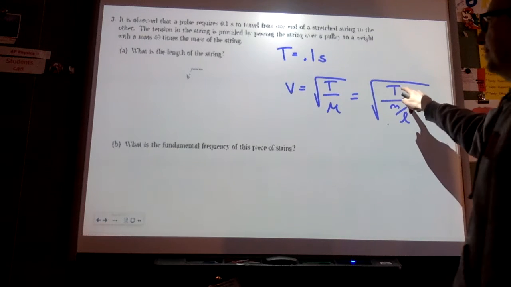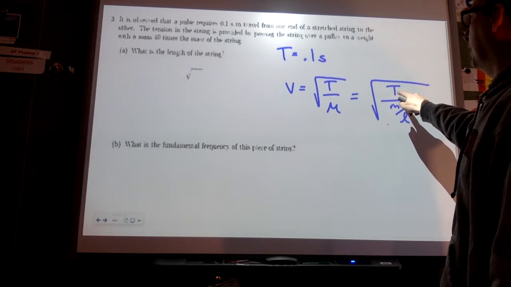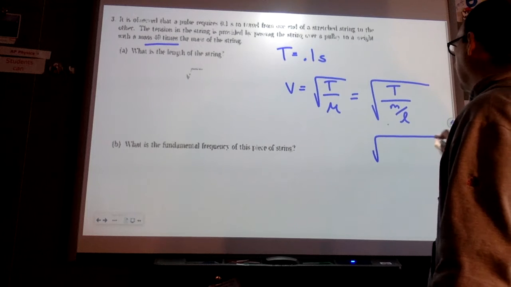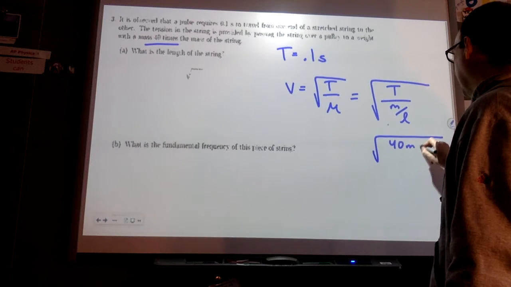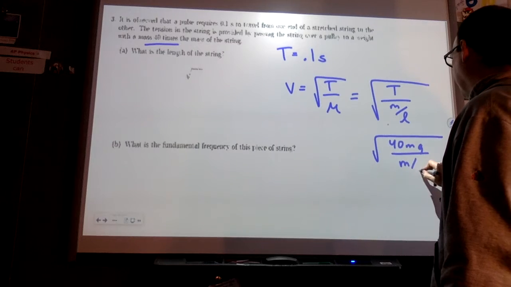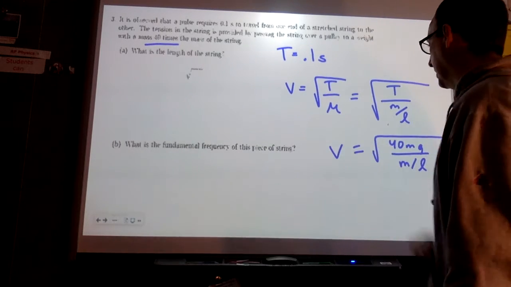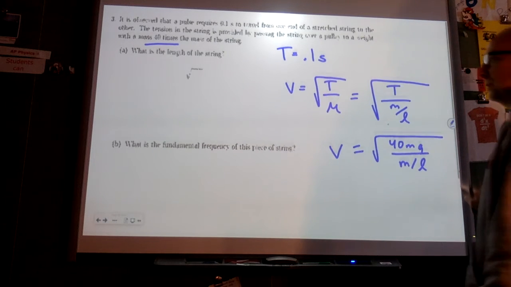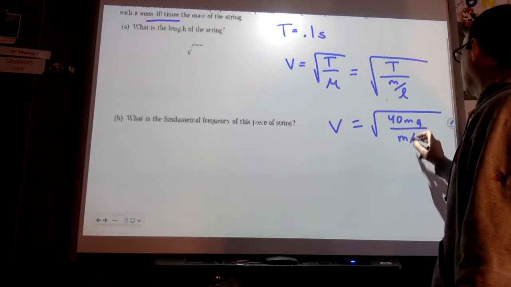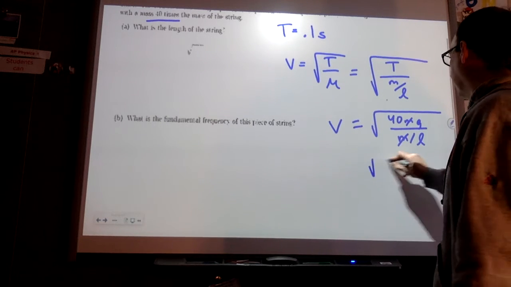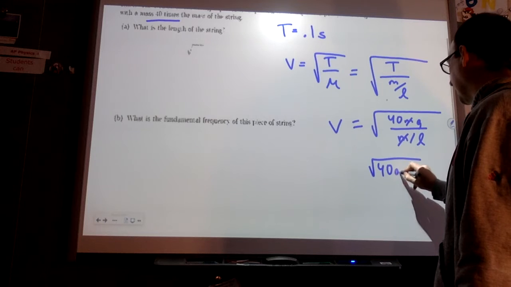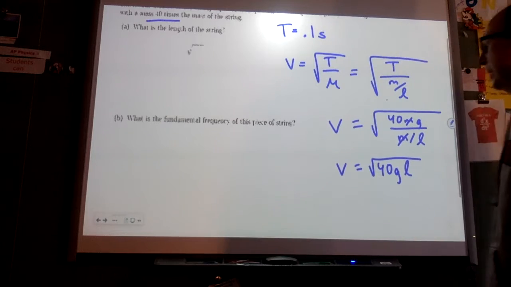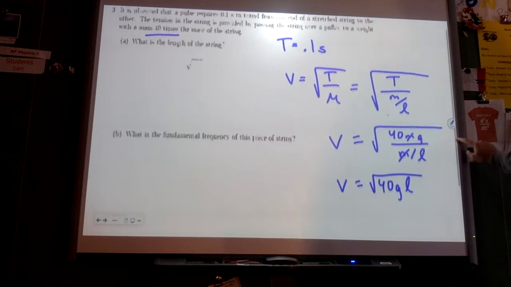We're saying that the tension is generated by a mass that's 40 times as much. So that's going to give me the square root of 40 mg over m over L is equal to the velocity. So the m's would cancel. And so I have the square root of 40 gL is equal to velocity.